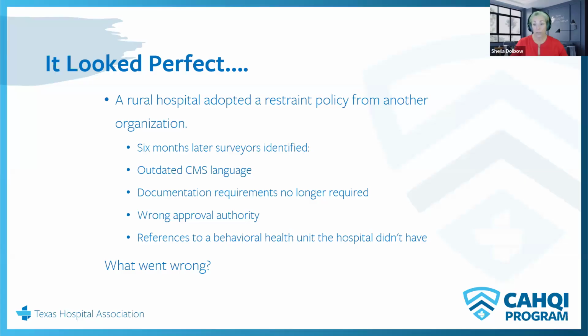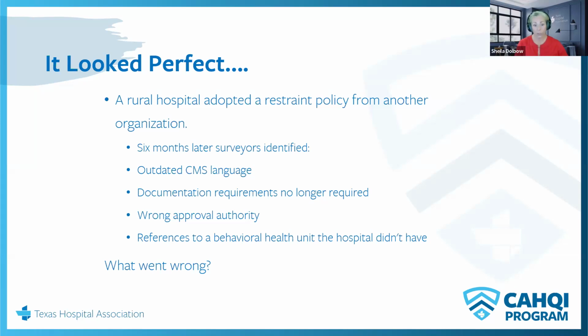If you're thinking potentially that someone did not take a look at the CMS rules and regulations and conditions of participation to make sure that they were accurate and up to date, clearly someone did not do that. If it didn't go through the appropriate approval authority for that organization, we talked about that last week.